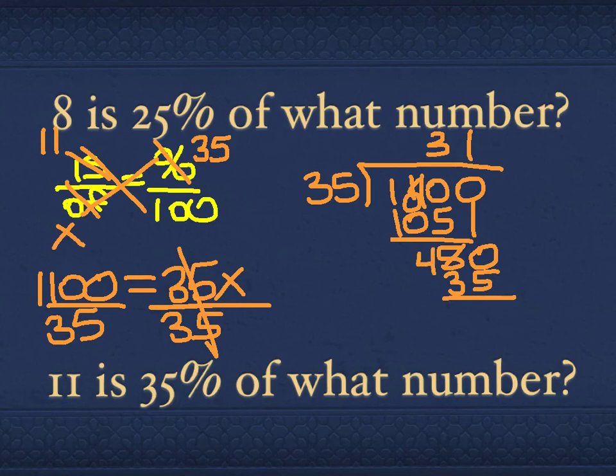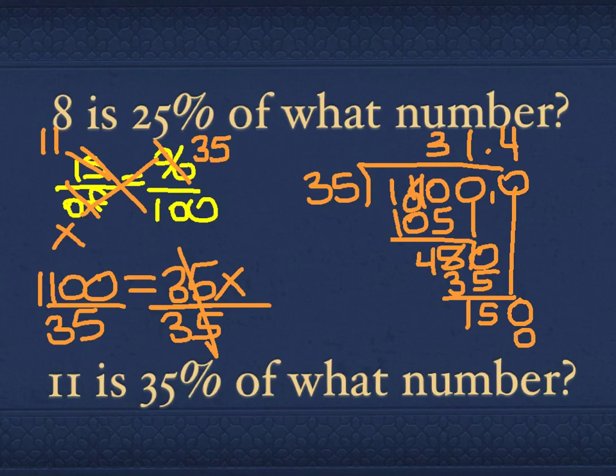And again, we keep 10 minus 5 is 5. And 4 minus 3 is 1. So now I need to add a decimal and bring down a 0. 35 is going to go into 150 4 times.